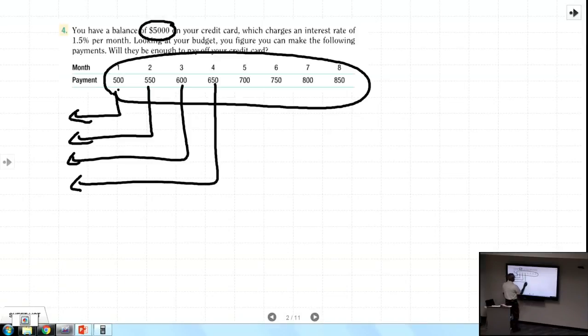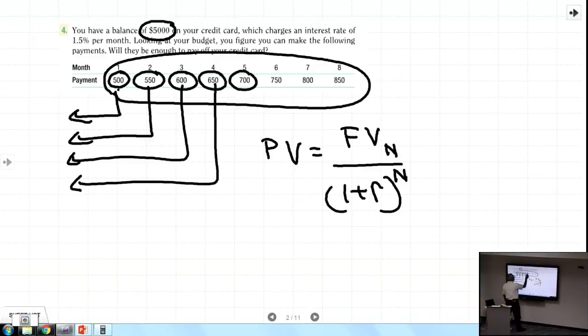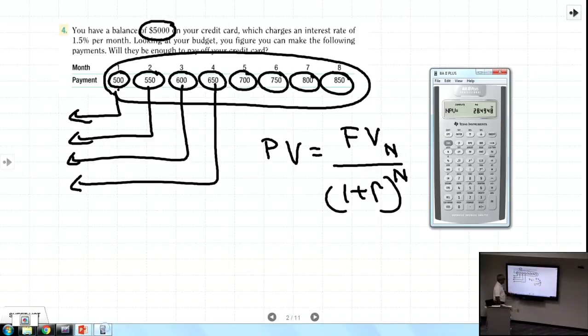Present value is future value in period n divided by 1 plus r to the power n, and you will apply this formula to each of these cash flows. They're all different. Then you add them up and see what the number tells you. Alternatively, I could use the financial calculator.